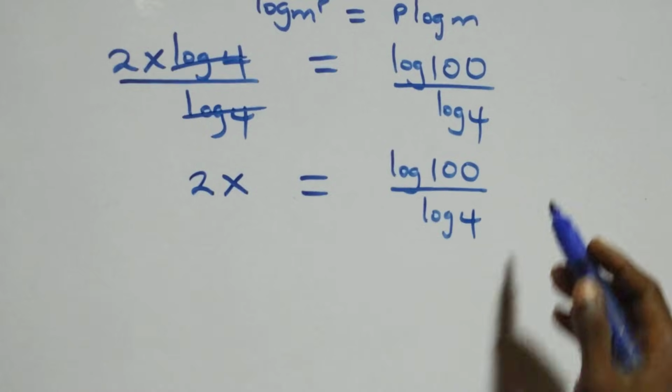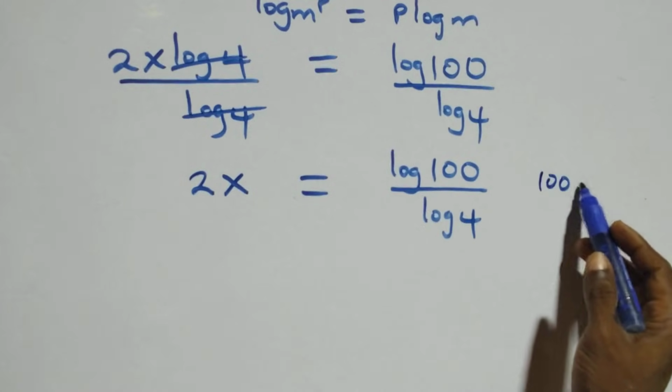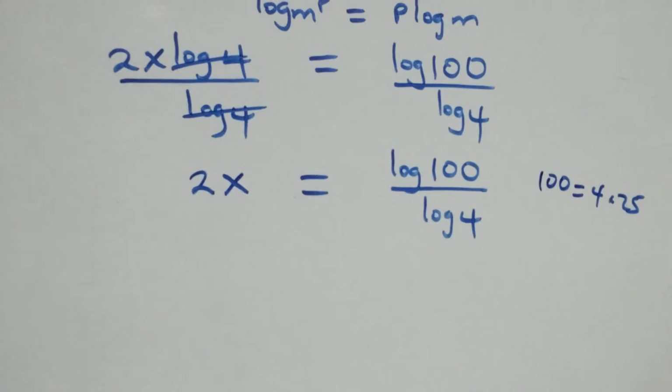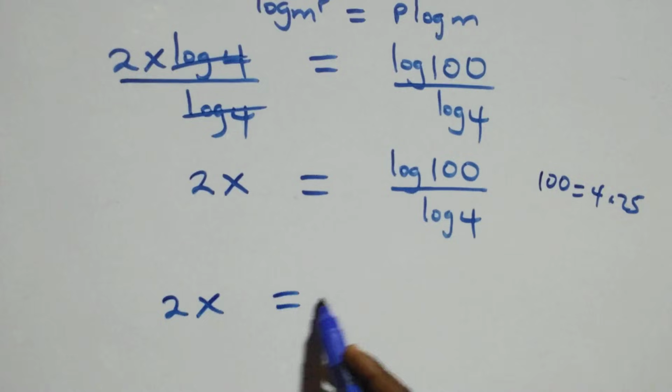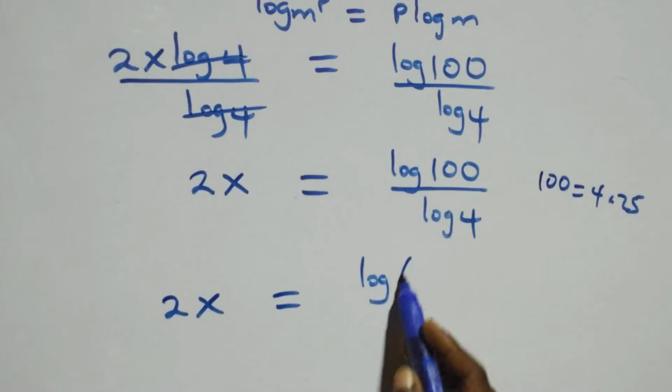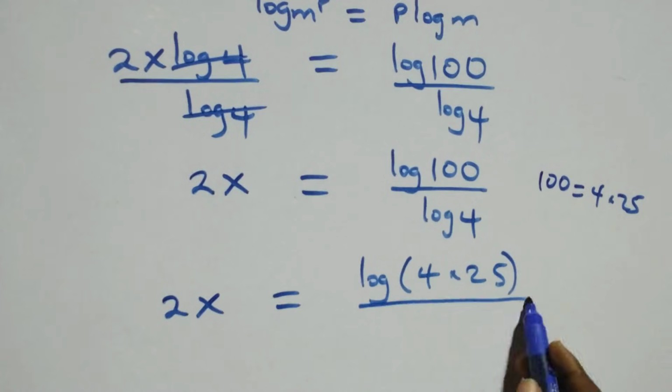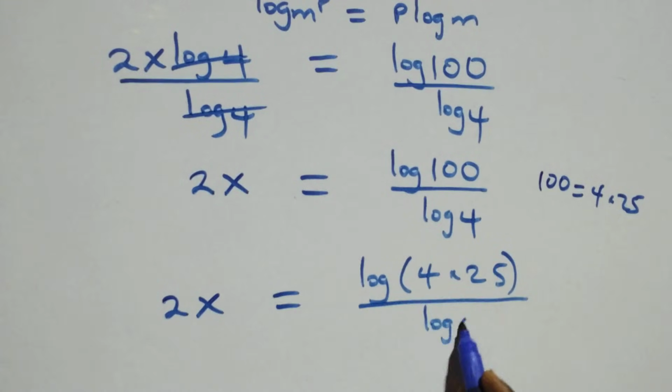The next step, we can write 100 as 4 times 25. What we have here becomes 2x equals log of 4 times 25 over log 4.